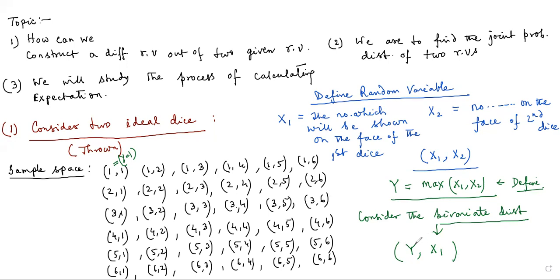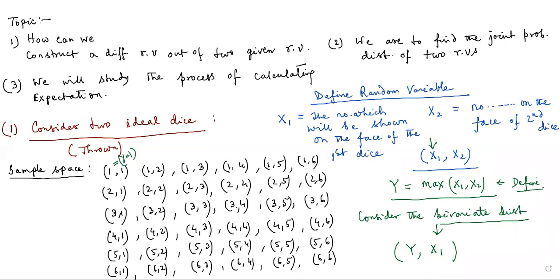So my first argument in this particular case is y, which is the max of x1 and x2. And my second argument is x1, which was the first argument in the pair x1 and x2. So I'm going to prepare one chart on the next page, and you can take a screenshot of this page, because otherwise writing it in your copy will take some time.